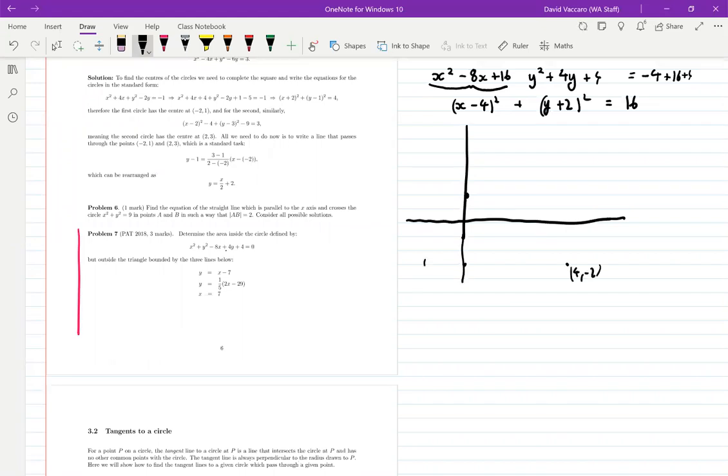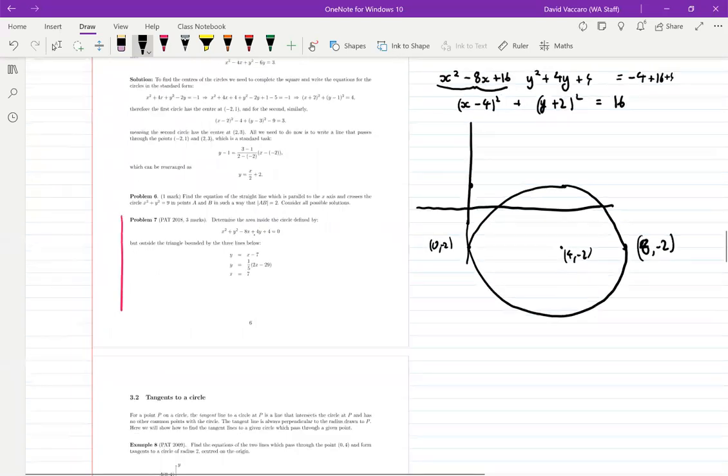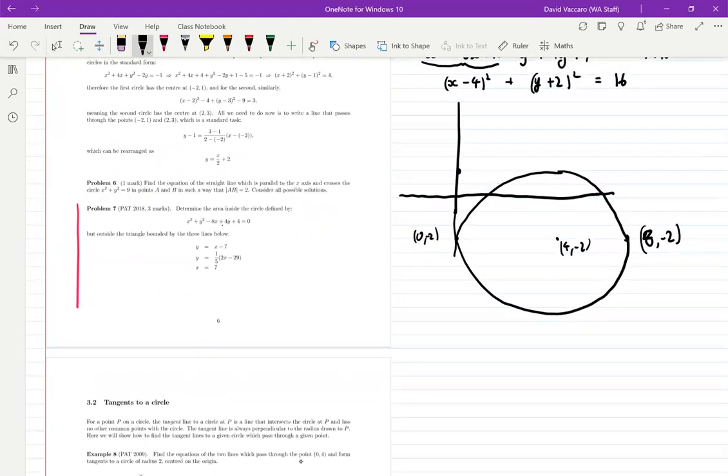And it goes through the point 0, negative 2. And this is going to be the point 8, negative 2. And this is going to be the point 4, 2.